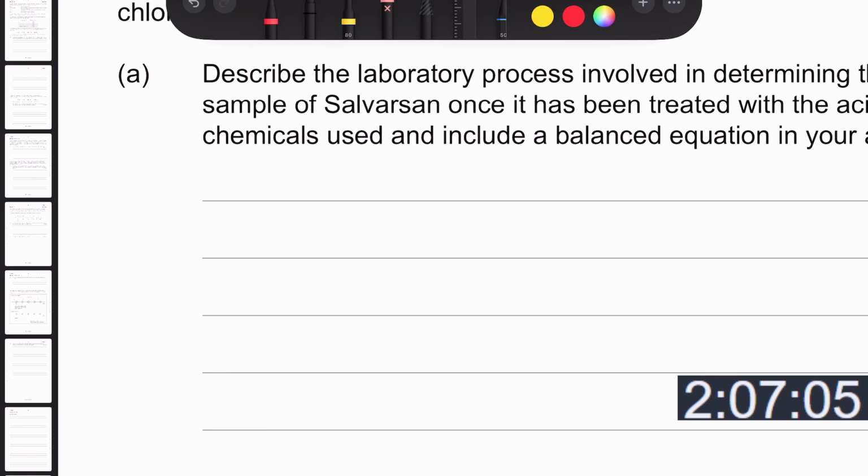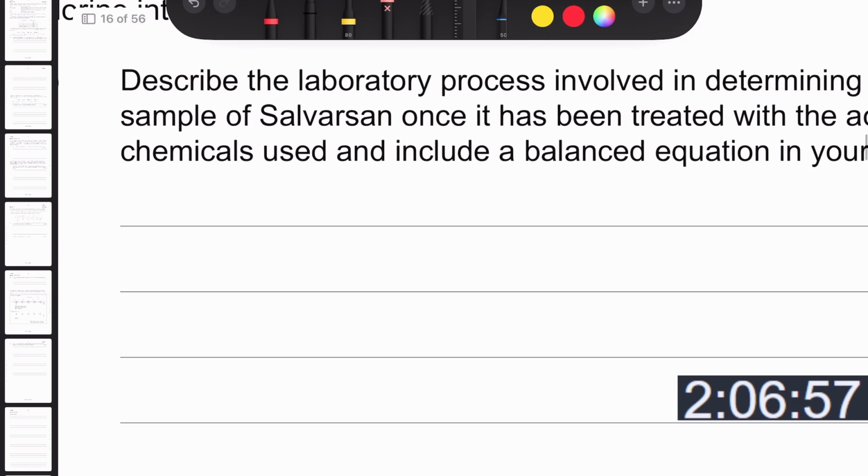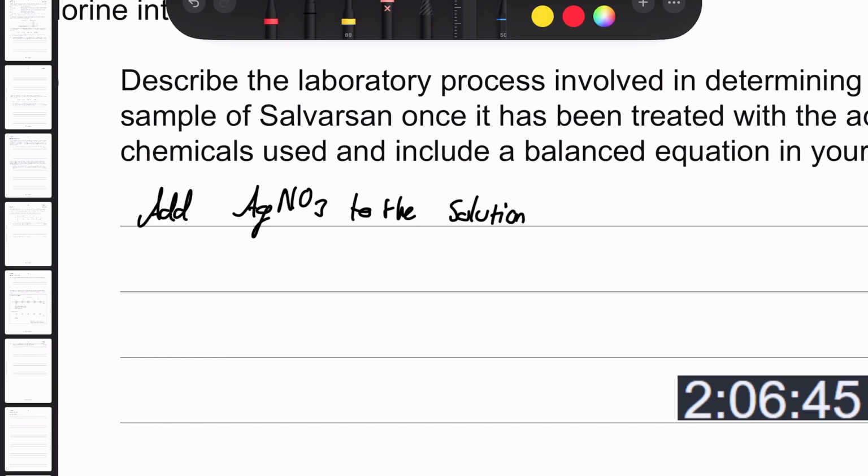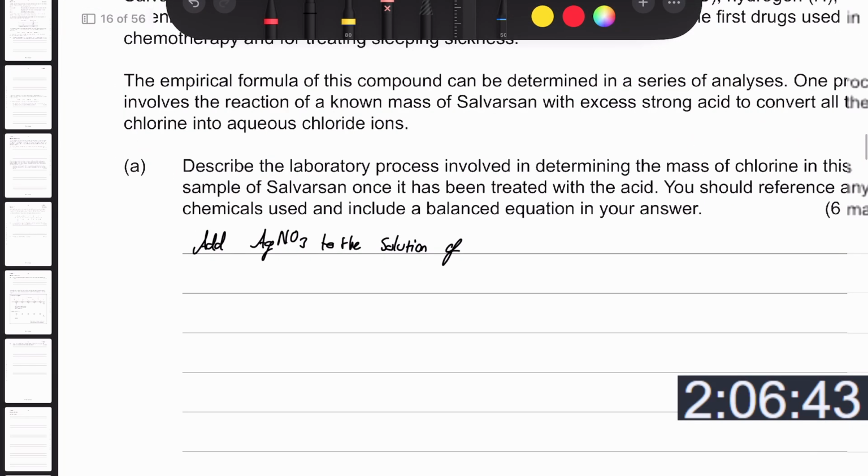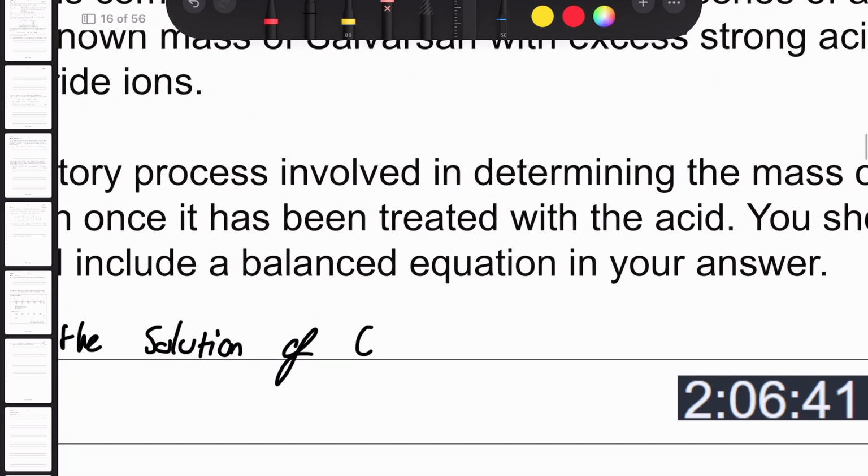Okay, what's gonna precipitate out? Okay, chlorides, insoluble, Ag. Okay. So add AgNO3 to the solution of chloride ions.